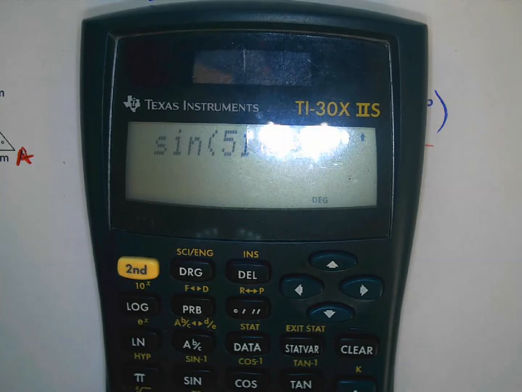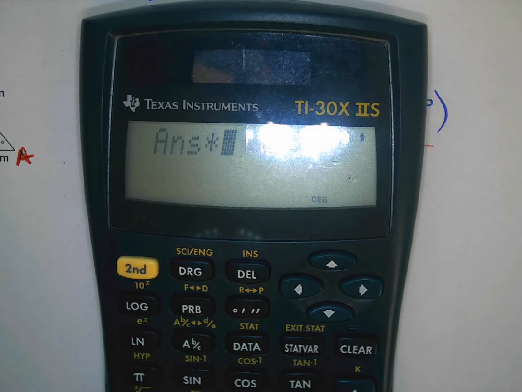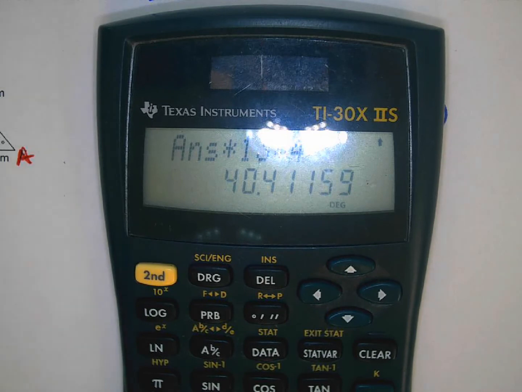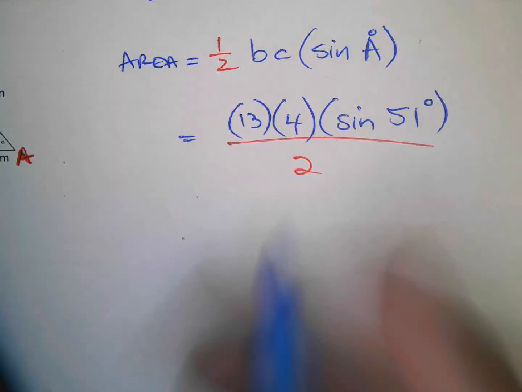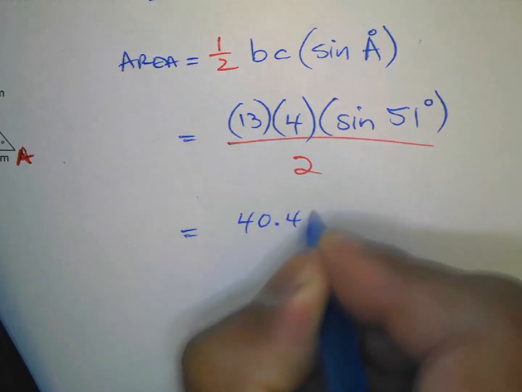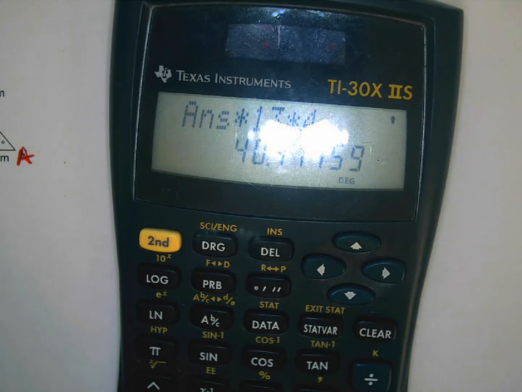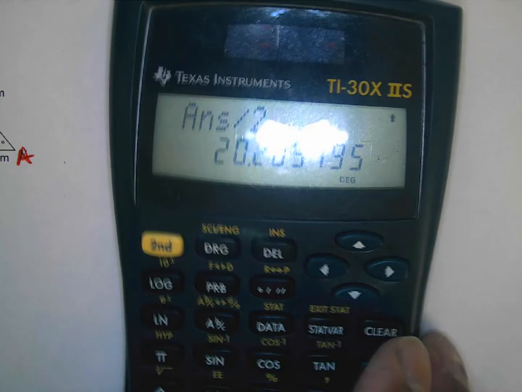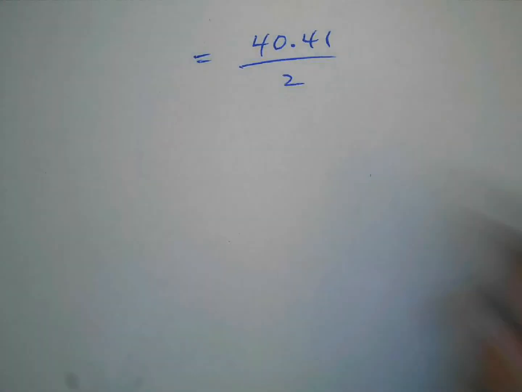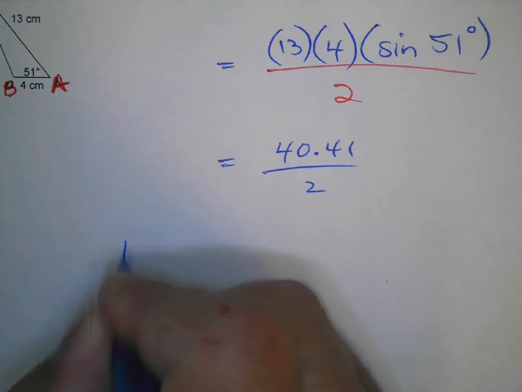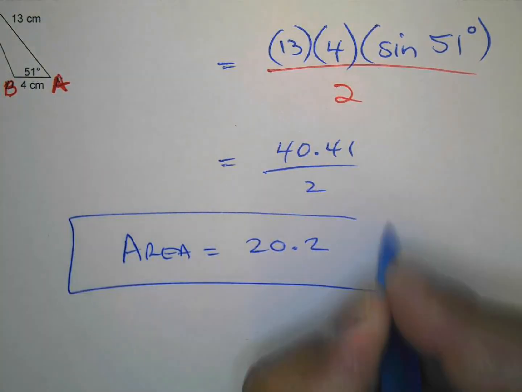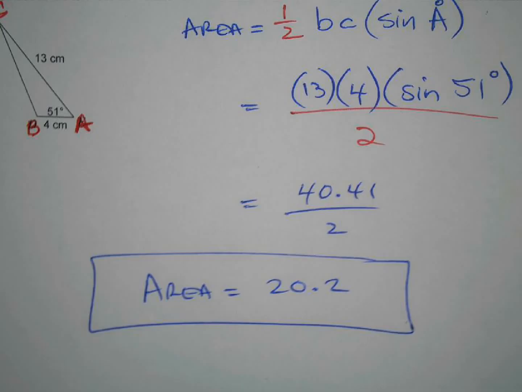I get that times 13 times 4 is equal to 40.41, and then divided by 2. You're going to get 20.20. That's it. I'll put 20.2. And that's a simple formula for finding the area.